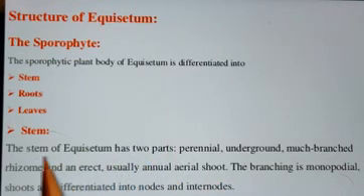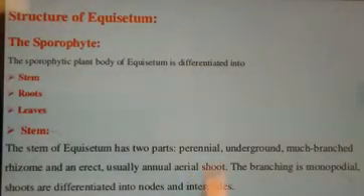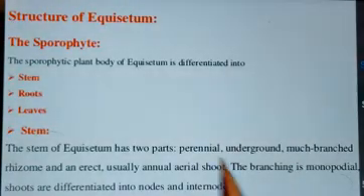Perennial means more than 1 year. The rhizome also occurs inside the underground, and annual means every year they bear a shoot or stem.